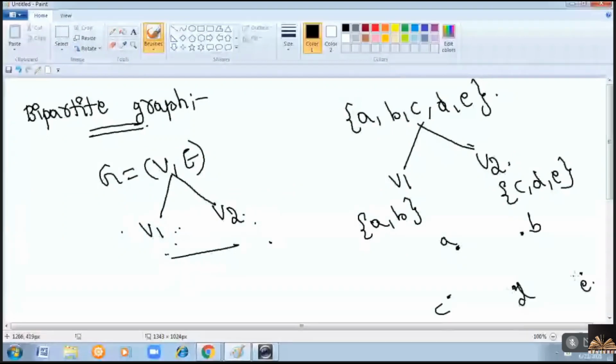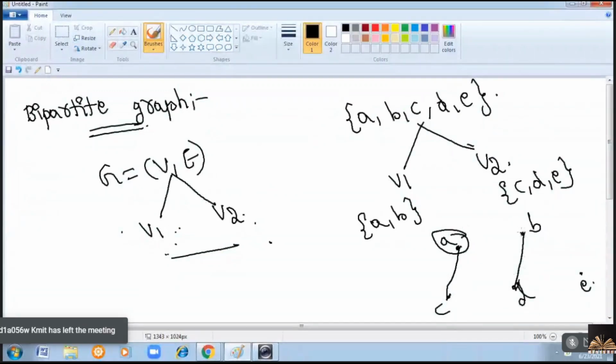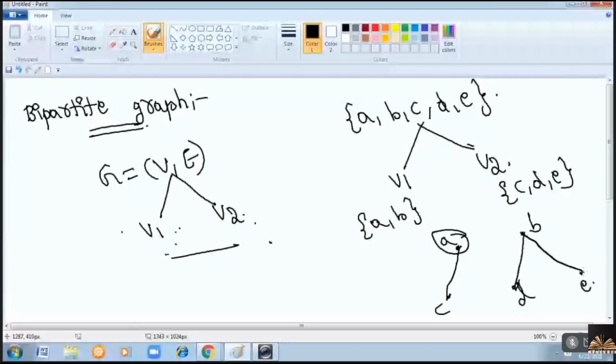An edge should be formed such that, edge means what? It has to connect 2 points or 2 vertices, right? So that edge should contain one vertex in the first group, one vertex in the second group: one vertex in V1, one vertex in V2. So this is known as a bipartite graph.